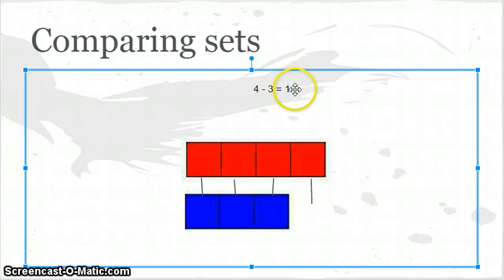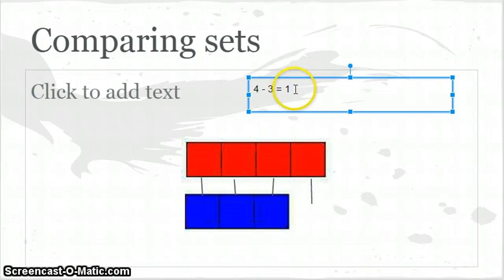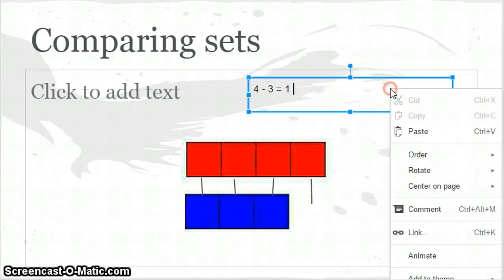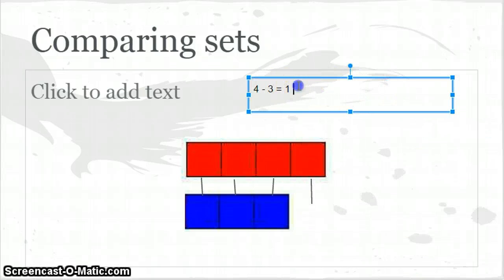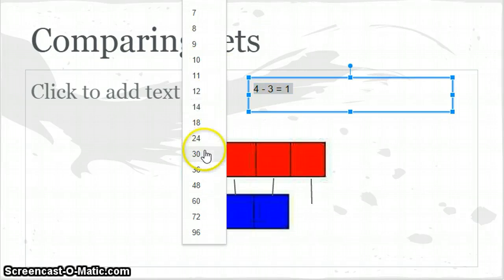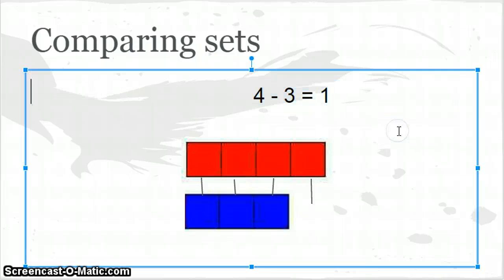Now, we can also write a subtraction sentence, which I have done, and a subtraction sentence will help us to find the same answer that we just found by looking at the two different sets. So when we're writing a subtraction sentence to find out how many more cubes are in one train than the other, we start with the big number.